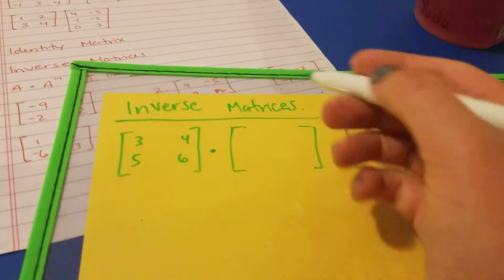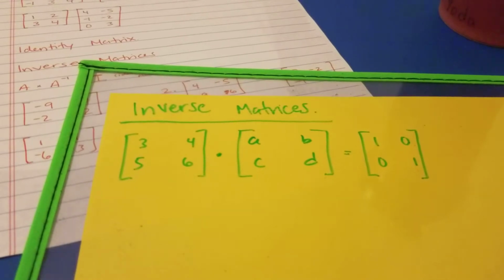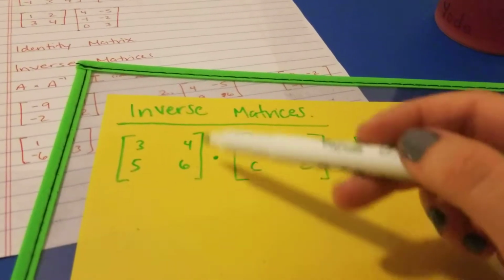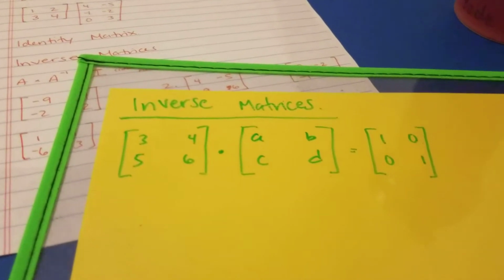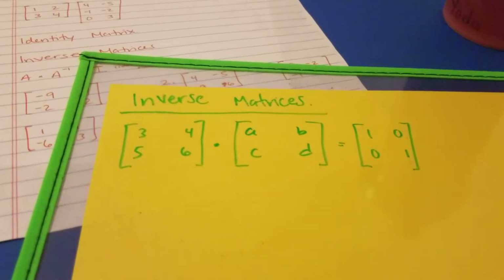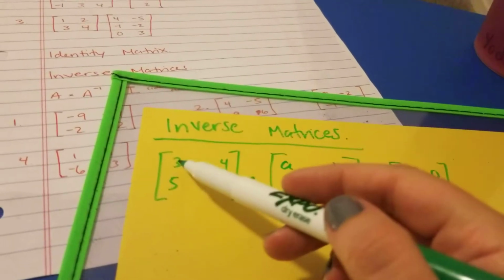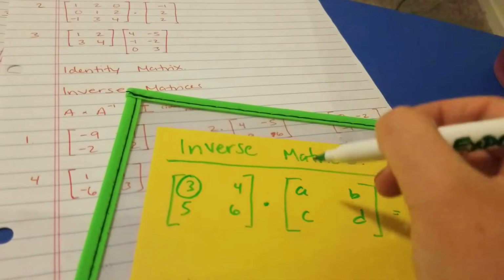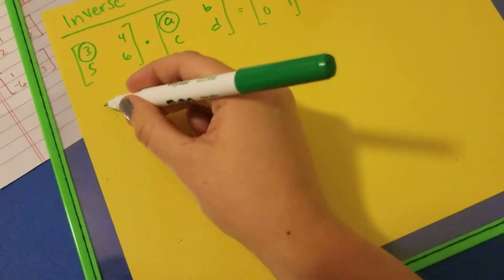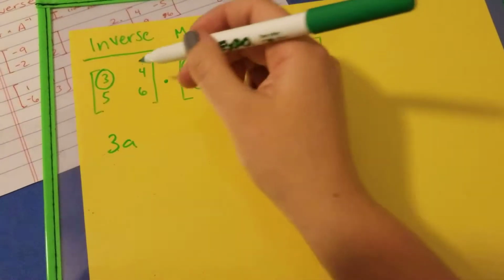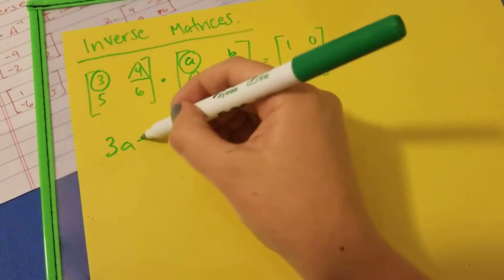So I'm going to fill in some variables here so we can make sense of this. The first matrix times the second matrix equals this. That much we know. Applying what we know about multiplying matrices, I'm going to set up some equations. When we multiply matrices, it's the first times the first, so 3 times A, which gives me 3A. Then the second times the second, so 4 times C is 4C.